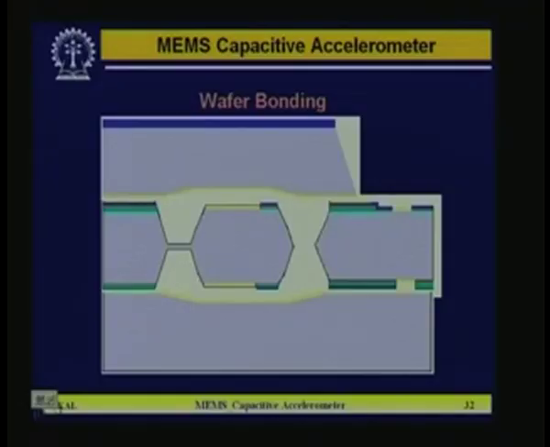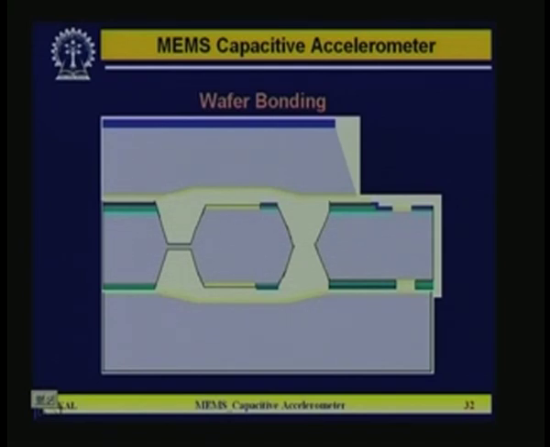Because you see a lot of conducting planes here, and if you use a conducting silicon wafer, that is also going to create a problem, because the conducting wafer with any other ground plane will have some parasitics, and that is a major concern in many capacitive accelerometers.